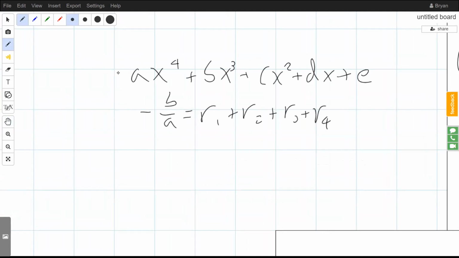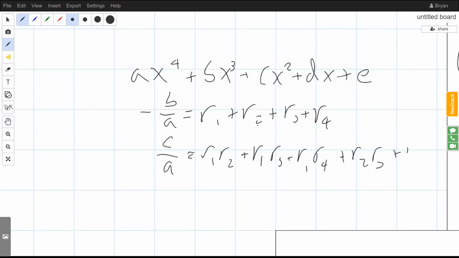And then we know that c over a is going to be the sum of the pairwise products: r1 r2 plus r1 r3 plus r1 r4 plus r2 r3 plus r2 r4 plus r3 r4, like so.